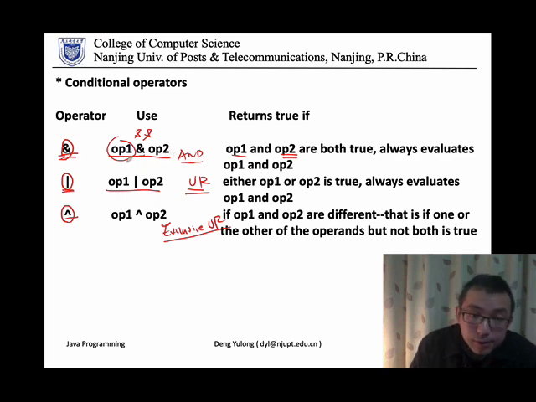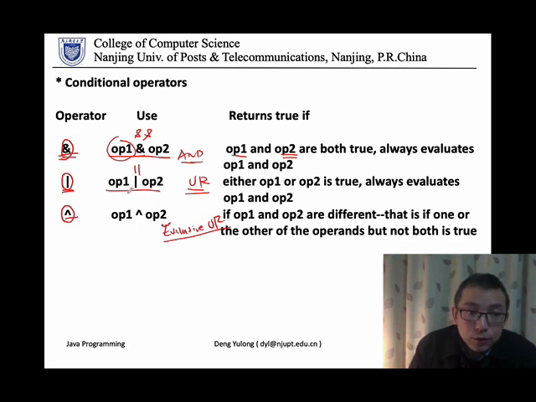So this is here. And as for the bar, if you use single bar, that means the first operand is true and the second operand will be evaluated. But if we use a double bar and the first operand is true, the second operand will not be evaluated. So this is different.